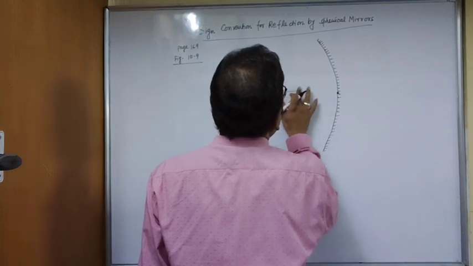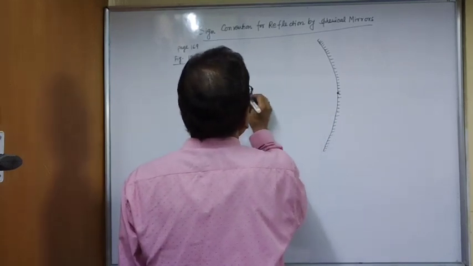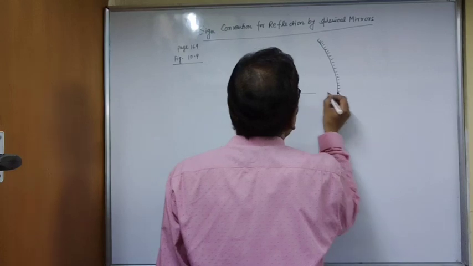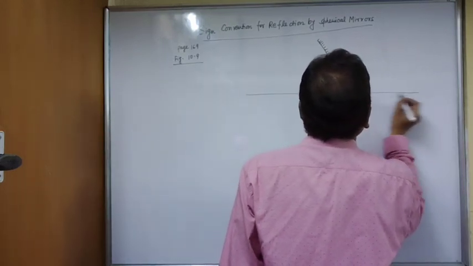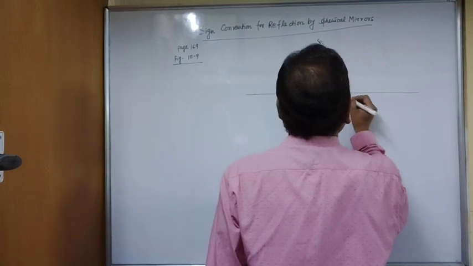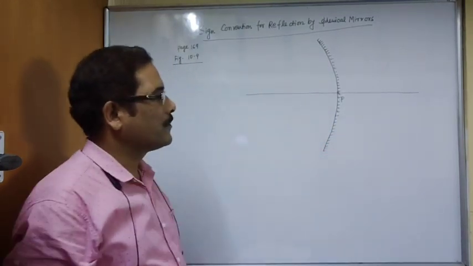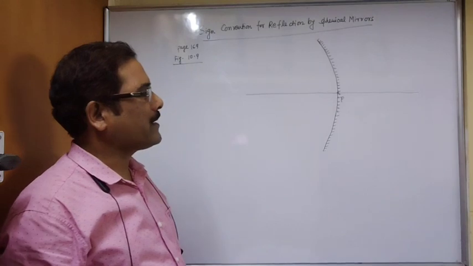Then draw a horizontal line which passes through P. So P acts as the origin.